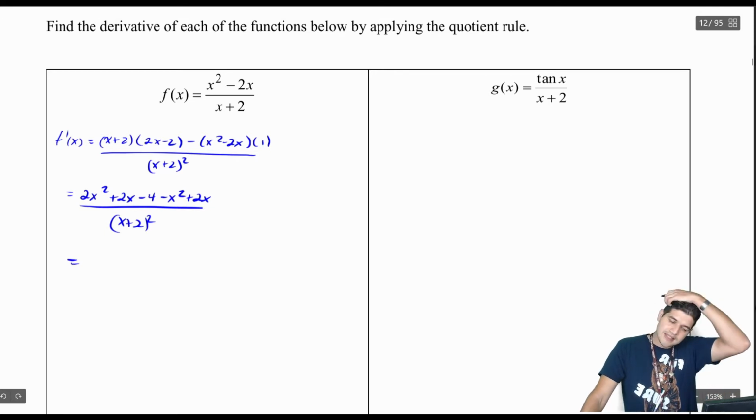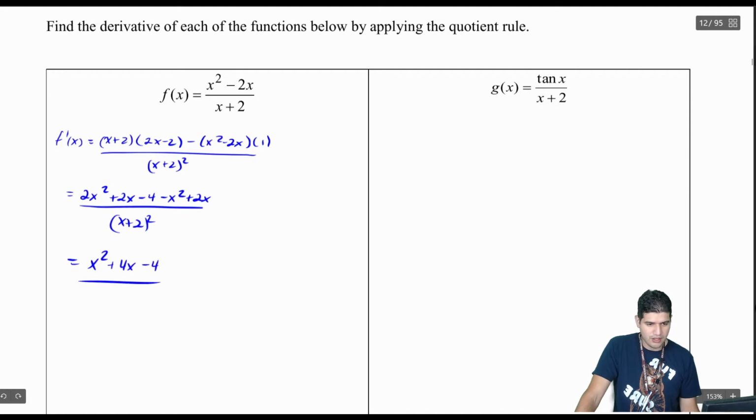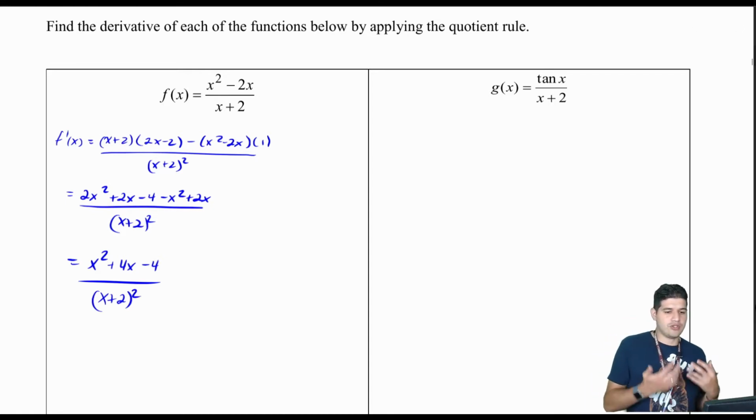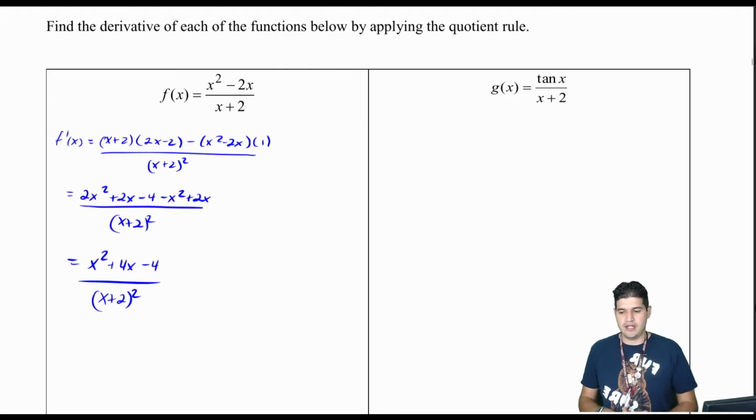And let's combine some of these like terms. So 2x squared minus x squared, I get x squared here. 2x plus 2x, I get plus 4x, and then minus 4, divided by x plus 2 squared. And there doesn't seem to be anything else that I can combine or simplify here or factor. So that's going to be our final answer.